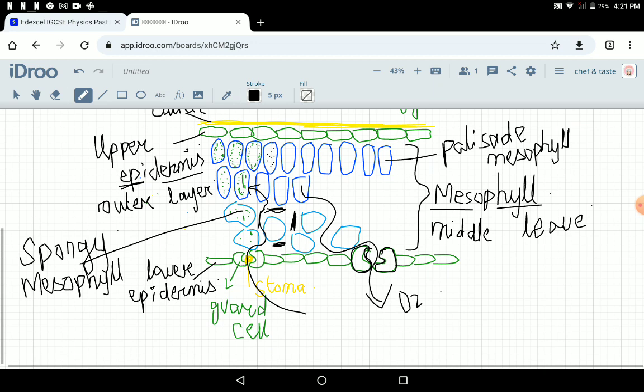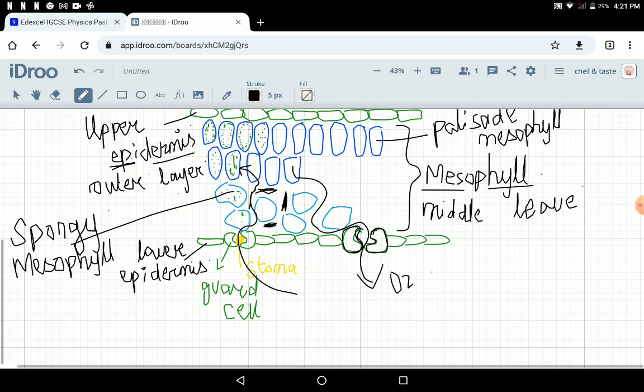Whenever there is sunlight, these guard cells change their structure so that they open the stoma. When the stoma is open, it lets carbon dioxide enter the leaf. When carbon dioxide enters, it combines with water, and as a result they make carbohydrate, which is glucose, the food of the plant.